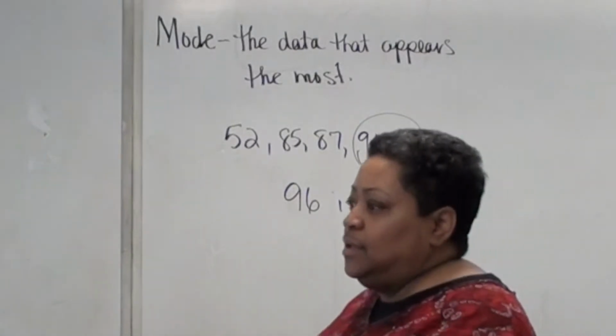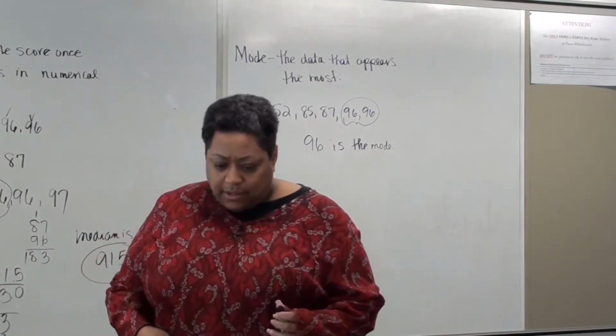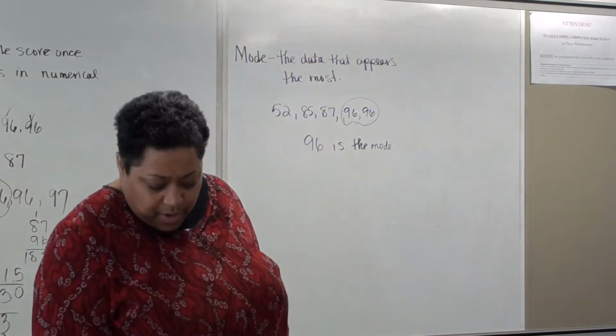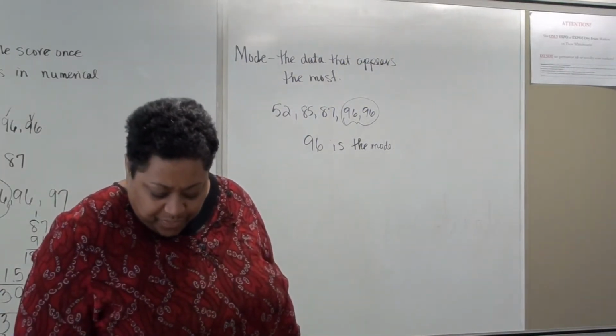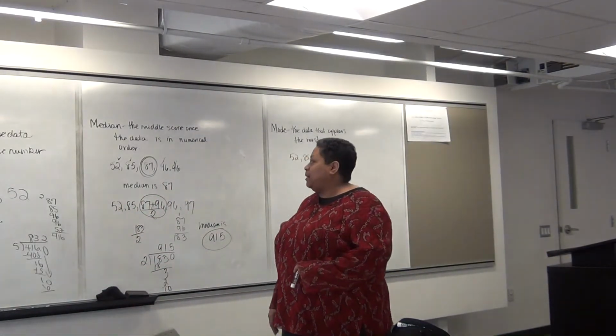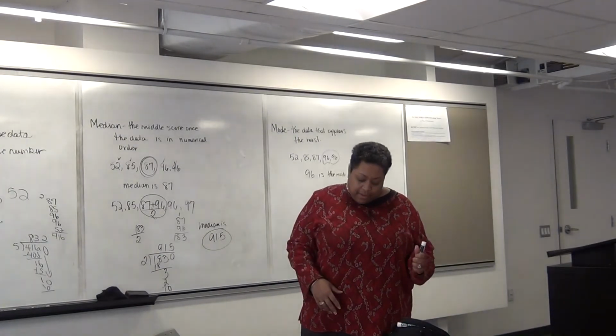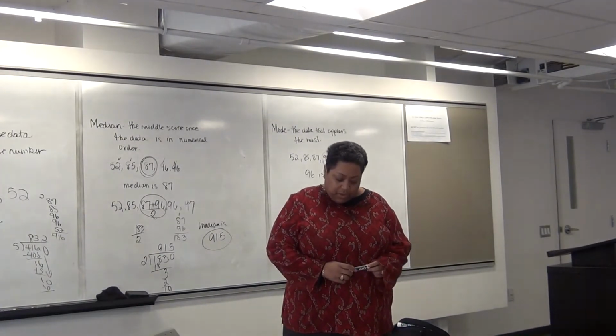Okay? So those are the 3 central tendencies or statistics that we're going to be talking about in this particular chapter. There'll be other things we're going to be talking about in this chapter, but that's where we are going to begin.